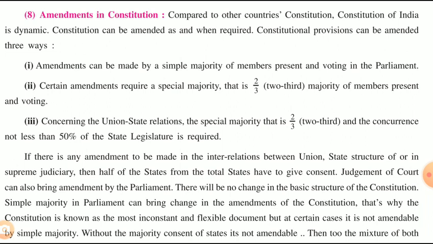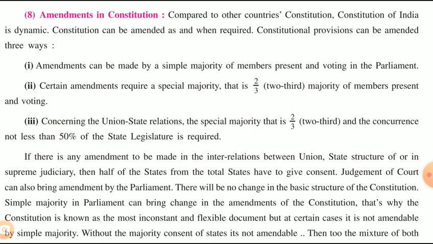Second, certain amendments require special majority, that is, two-third majority of members present and voting. If certain rules and regulations related to, say, emergency or fundamental rights are to be changed, then special majority is required.